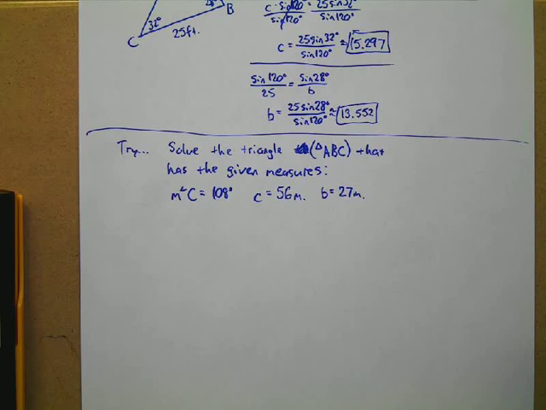Oh, you're making the exact measure. I see. Okay. That was the sine of b equal to that, right? So 27 sine of 108 divided by the sine of 56. So you get that. That's not your angle, that's sine of b equals that. You want just b. How do you get b by itself? Arc sine. Take the arc sine of that decimal, and that'll then restore the angle.